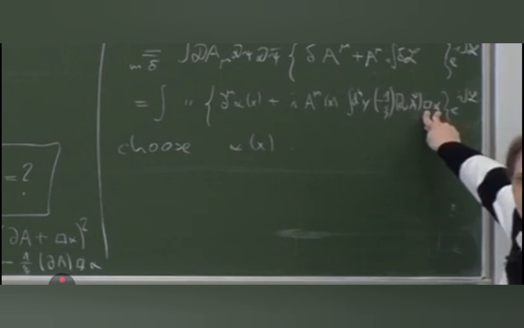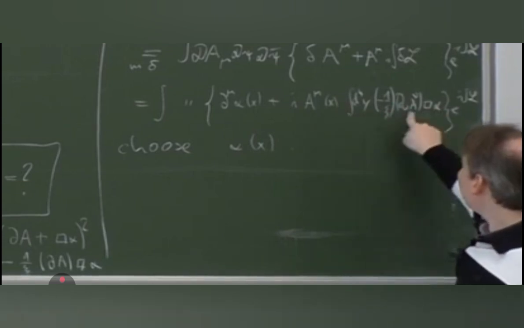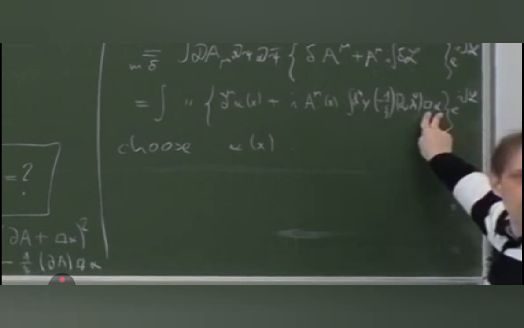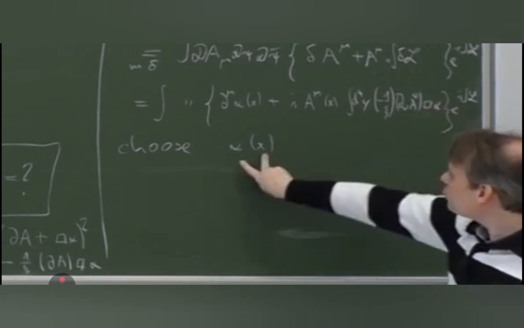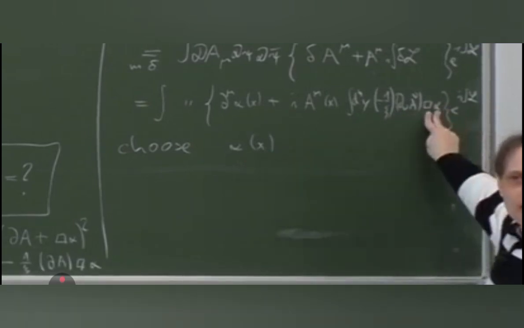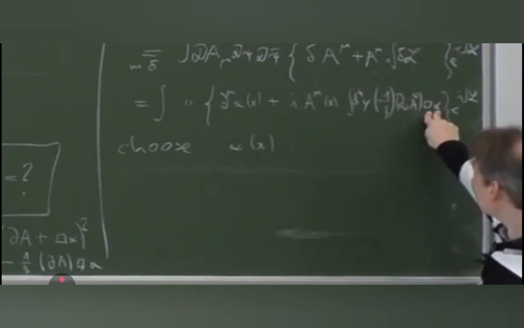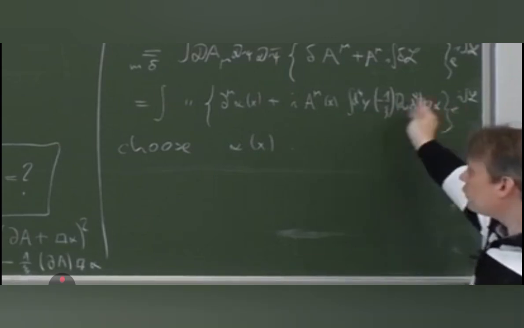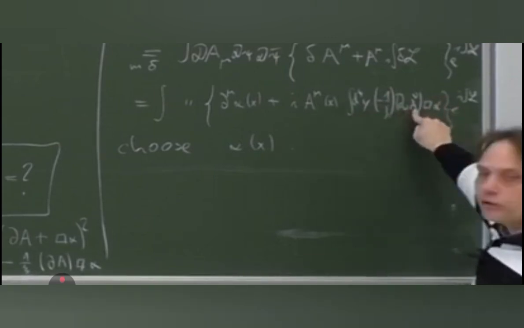We have a multiplication with D'Alembert alpha, but what we really want is the Green function, so it would be nice if the D'Alembert alpha would just not be there. We can make it vanish by choosing alpha in such a way that D'Alembert alpha gives a delta function. Then the integral collapses, and the D'Alembert alpha and the integral together give just A nu at some space-time point.